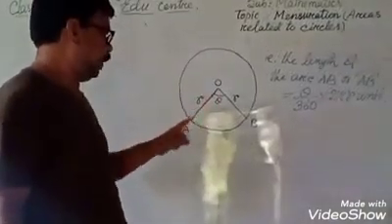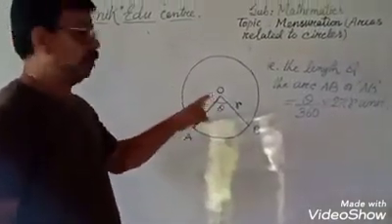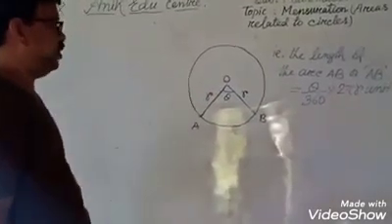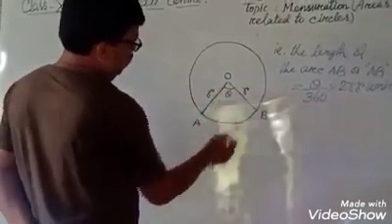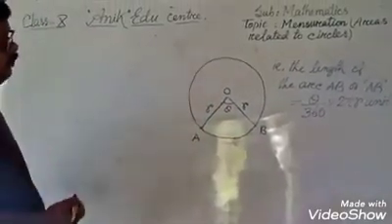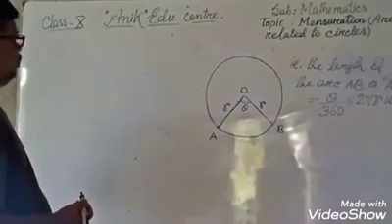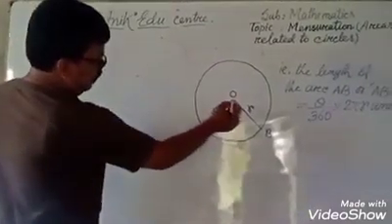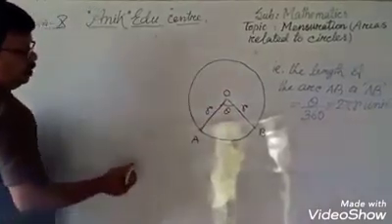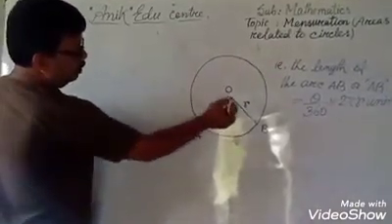As OABO is our minor sector and we have its perimeter, now we shall find the area of this sector. Using the same process, we can find the area of the sector OABO.